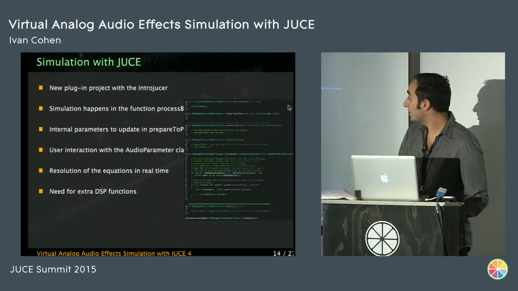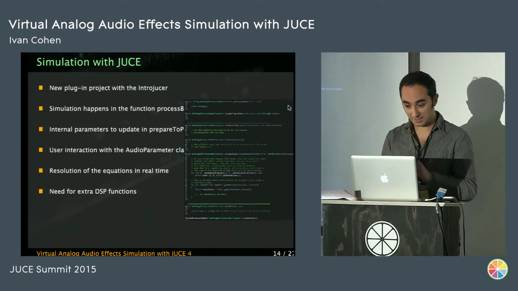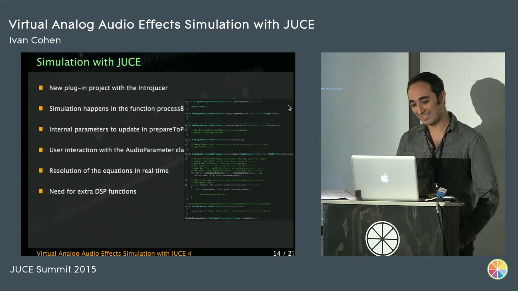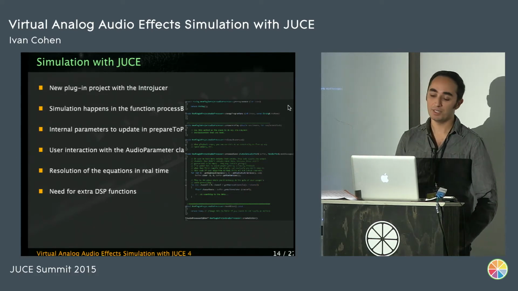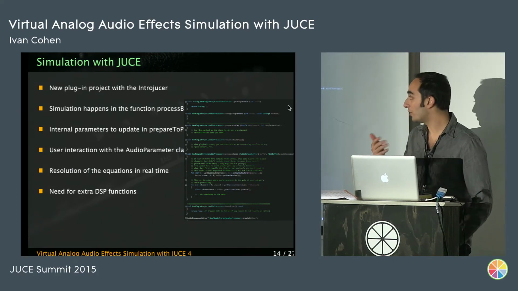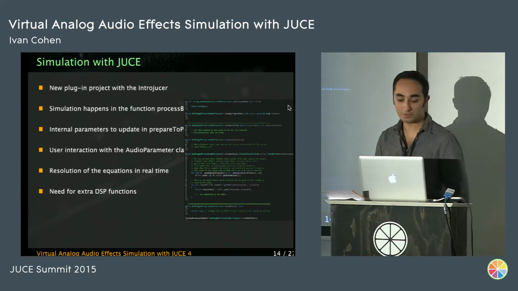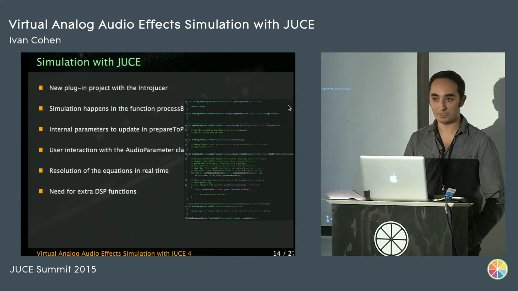And in JUCE, it's very easy to do the audio part. You just need to create a new plugin project with the Projucer and enter all the simulation code in your audio processor class functions.